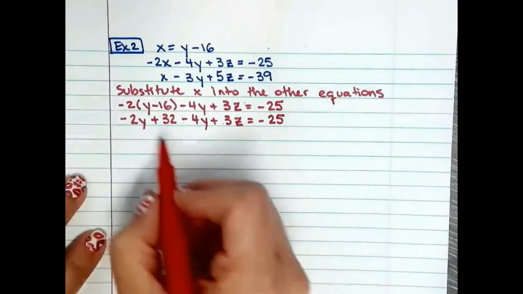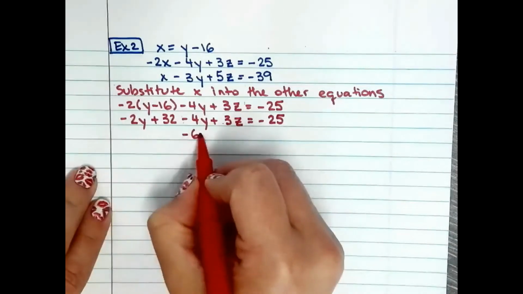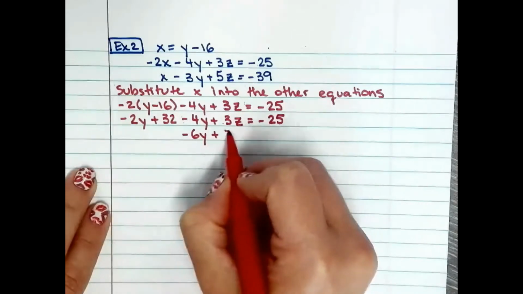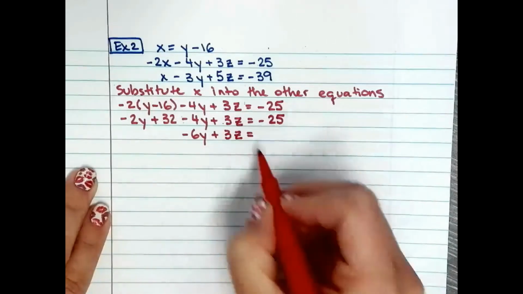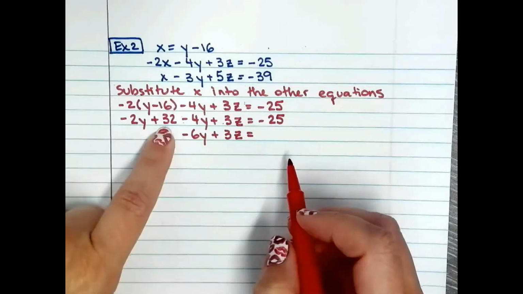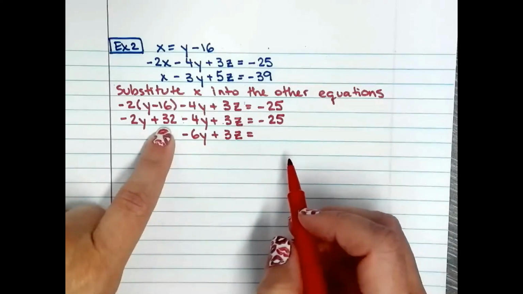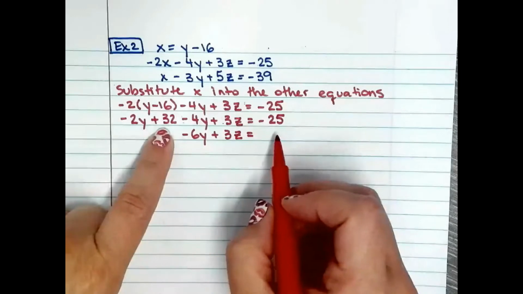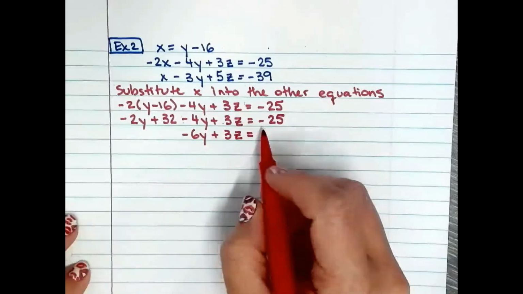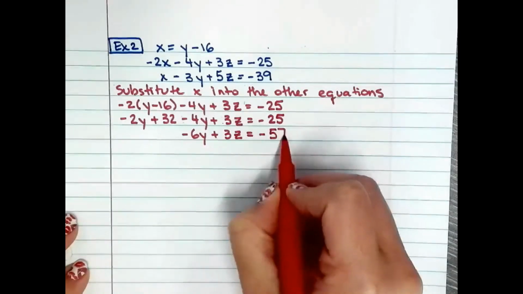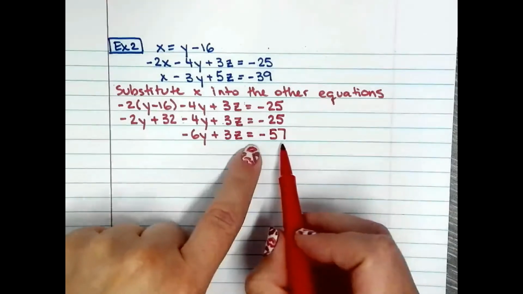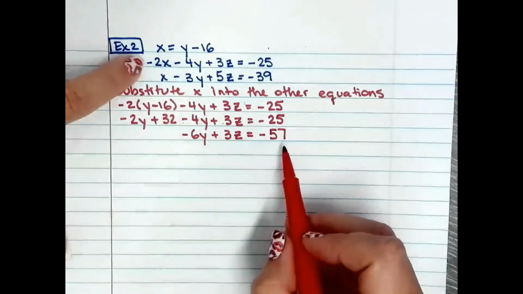Combine like terms, and in the same step, I'm going to subtract 32 from both sides. -32 and -25 is -57. So this is my new equation right there.